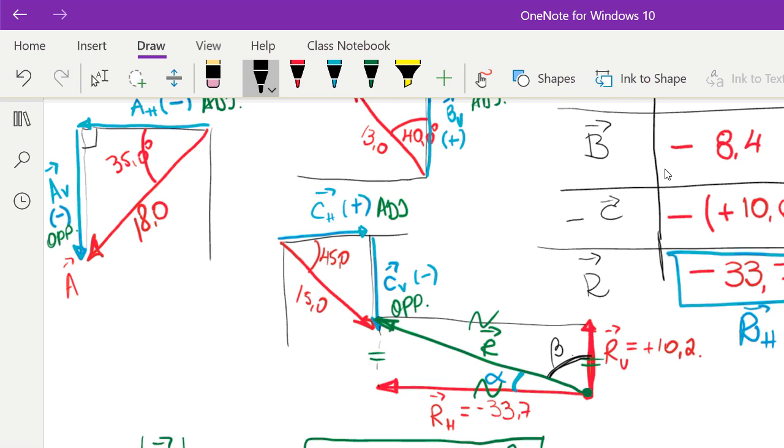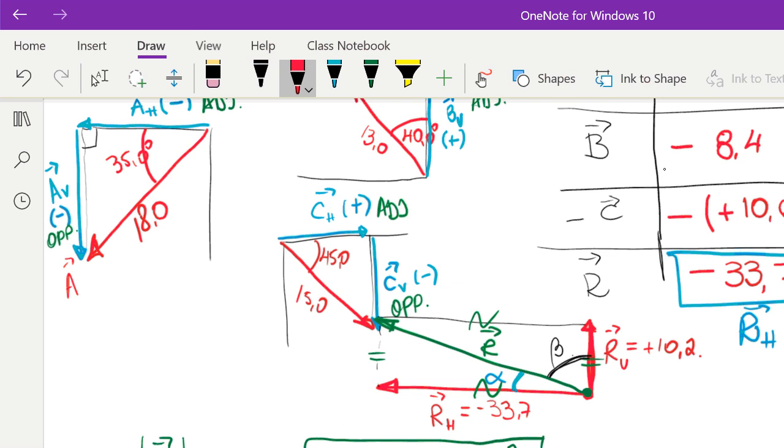So in order to find angle alpha, you go inverse tangent of opposite, that is 10.2, over adjacent, that is 33.7. So inverse tangent of 10.2 divided by 33.7 will be 16.8.